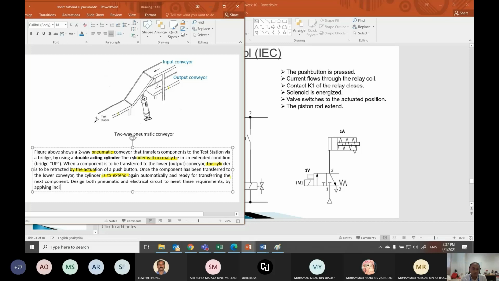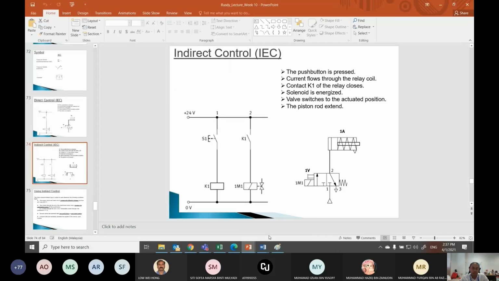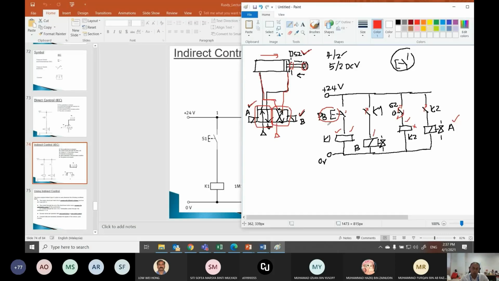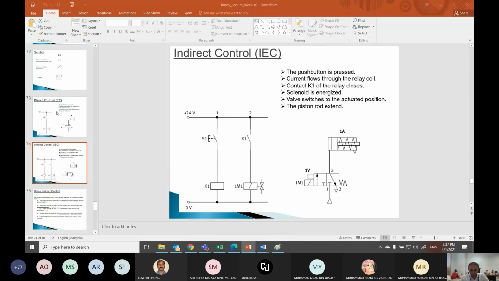If it is like this, then there will be only one answer, which is using this one. But originally we don't have that, the question doesn't say anything, so it's up to you. You can choose either direct control or indirect control.